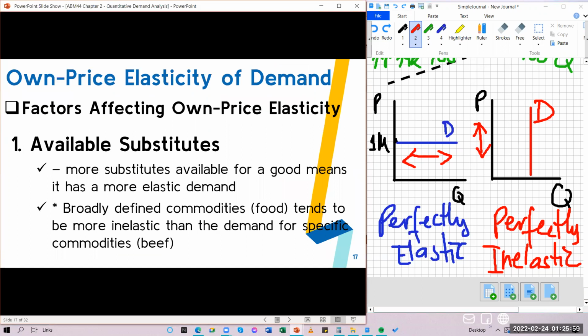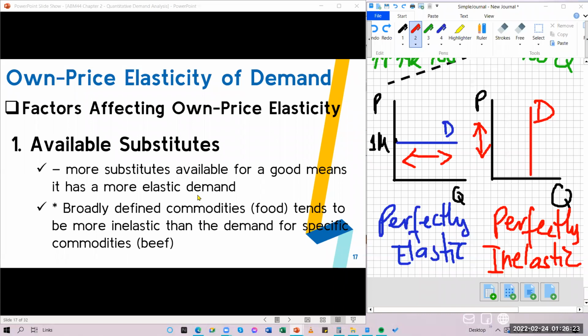We also have other factors affecting price elasticity. There are many factors to consider too. We have available substitutes. The more substitutes available for a good, the more elastic its demand.